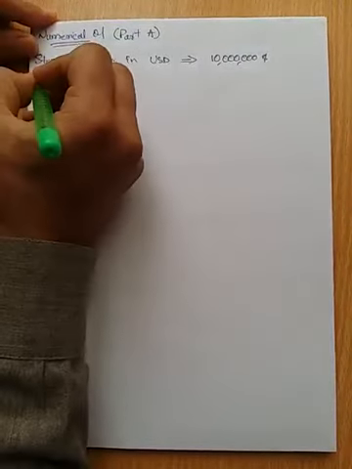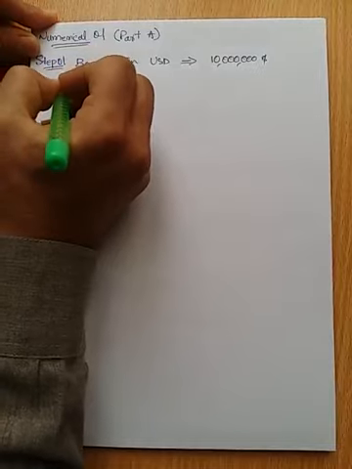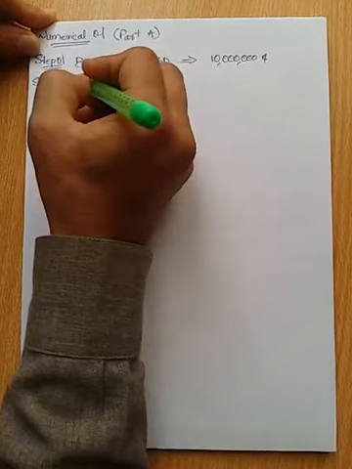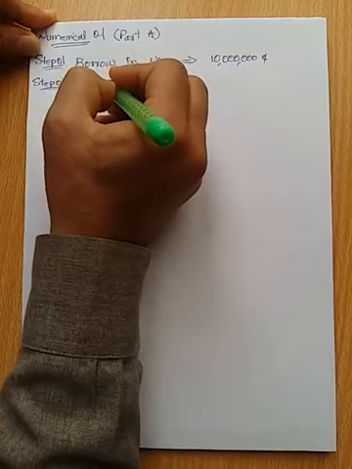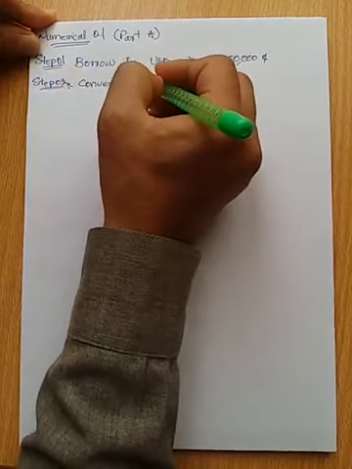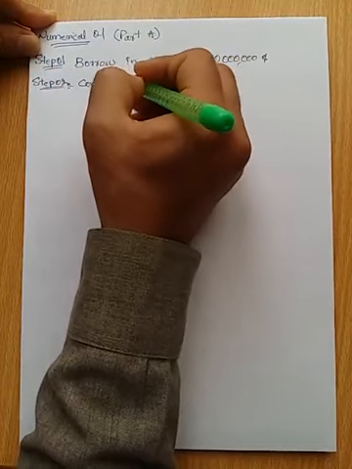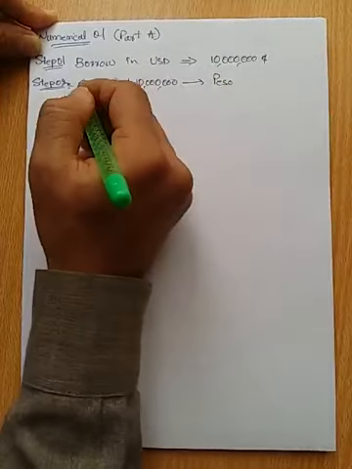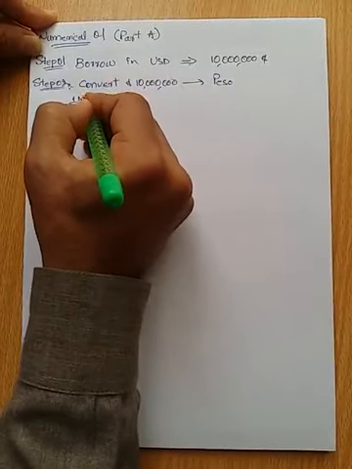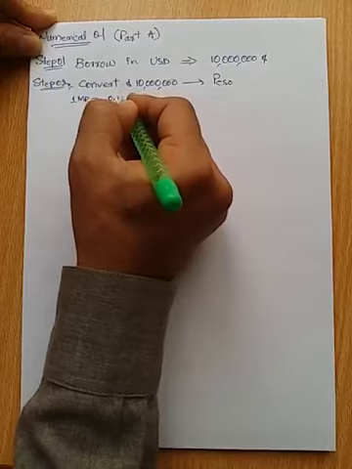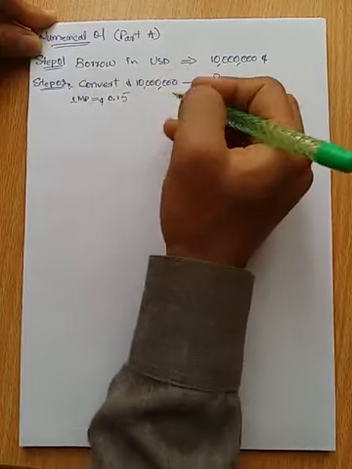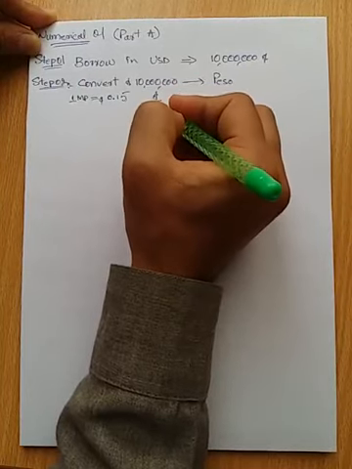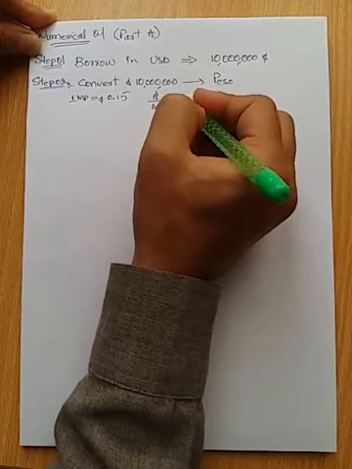Now obviously I borrowed this money because I wanted to invest this money in Mexican peso. So first, in order to invest, we will convert this 10 million USD into peso, and the conversion rate is 1 Mexican peso today is $0.15. If I convert that into P by Q form, I will write here dollar divided by Mexican peso is equal to 0.15.